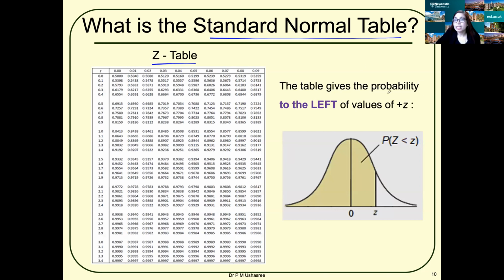This table gives the probability to the left of the values of positive Z. This shaded region can be found using the Z table, and you can see that it starts at Z equal to 0, starts from here.